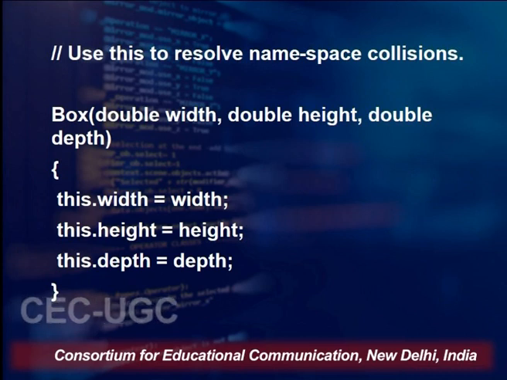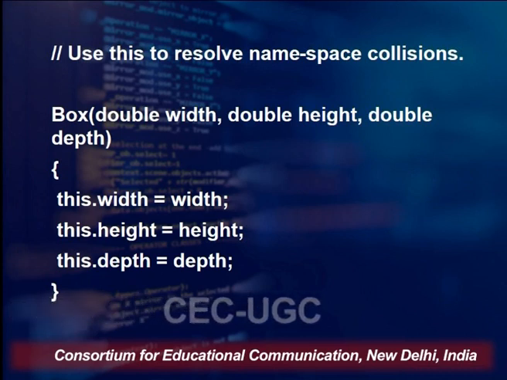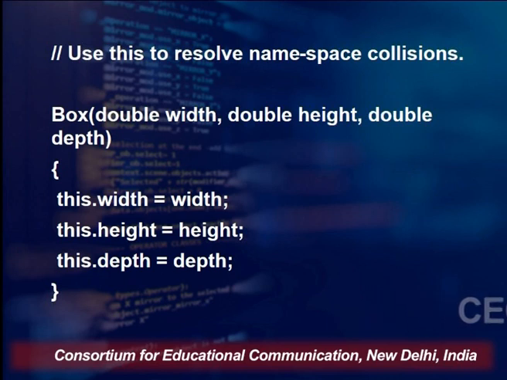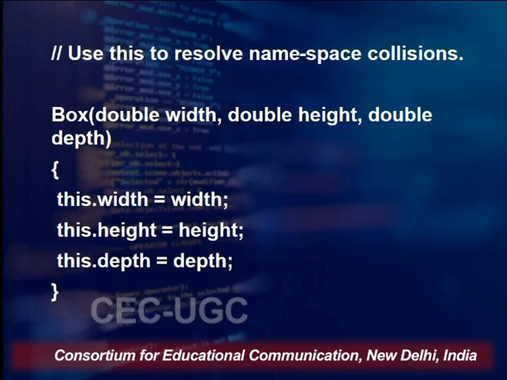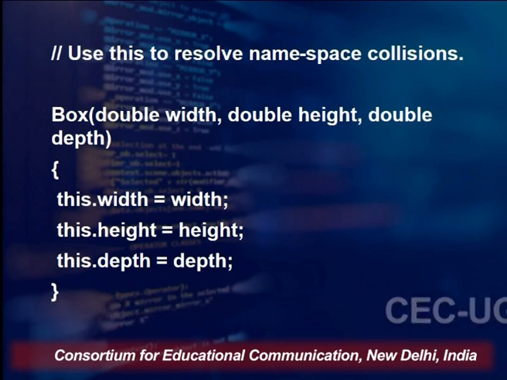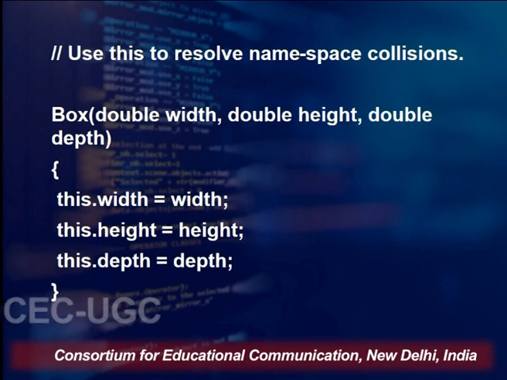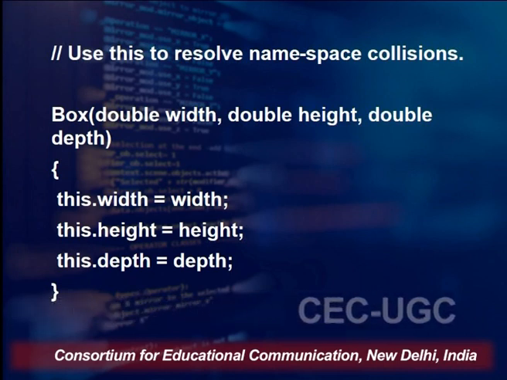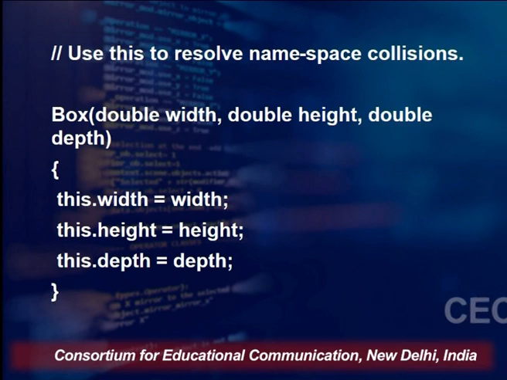The width written on the right hand side of the equals to operator is referring to the parameter. Whatever value of that parameter is being supplied will be stored into the width instance variable of the object which is invoking this constructor.